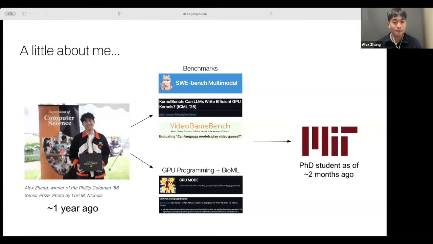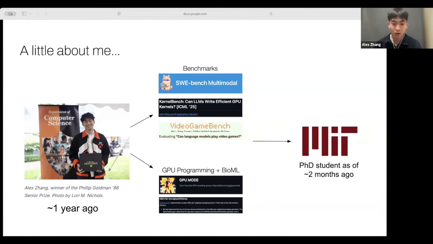Generally, the two things that people know me by are either some benchmarking paper that I've put out, or some GPU mode, GPU programming thing that I've done. These are two loosely directions that I've been focused on for the past year. A lot of the benchmarks tend to be tasks that language models are particularly bad at, but maybe we want them to be good at these things for XYZ reasons.